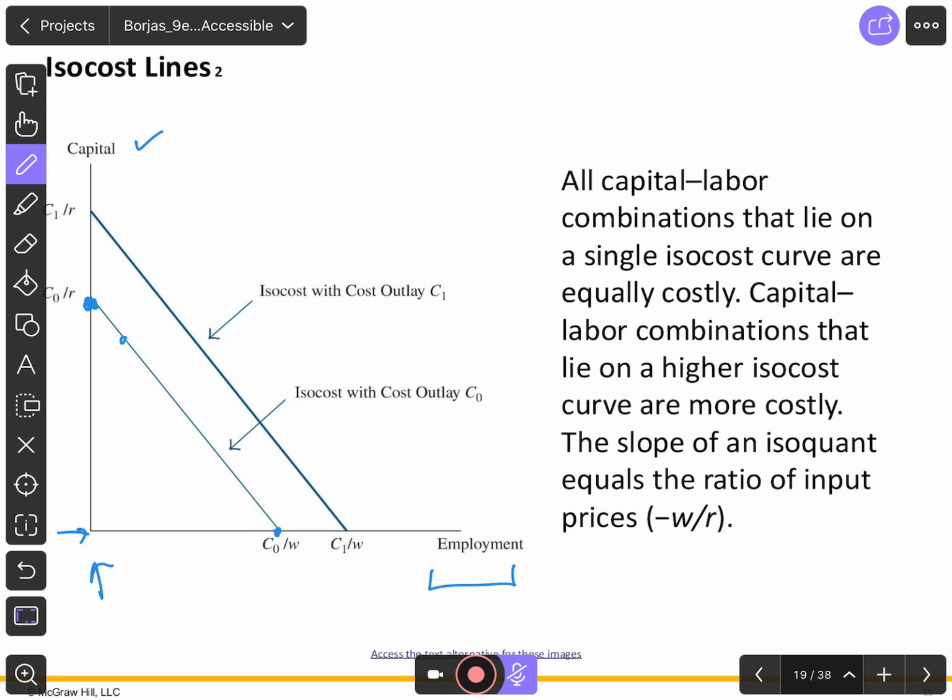And along this line, we have a different combination between workers and capital that would give the same amount of cost. The higher the iso-cost, the higher the total cost that the firm has to pay.